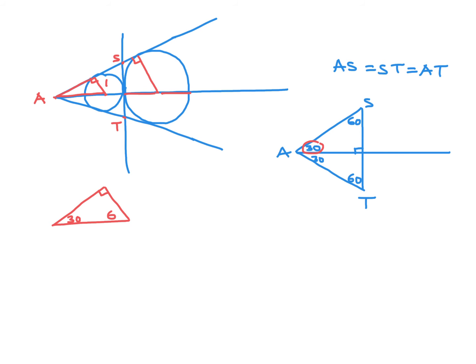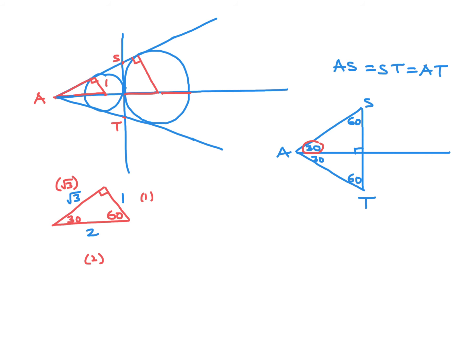So that's a 30, 60, 90 triangle. And we all know the ratio of the sides of a 30, 60, 90 triangle is 2, 1, and root 3. But we know in this case that the radius is 1, so this is 1 in terms of its numerical value. So this means this is 2 and this is root 3.